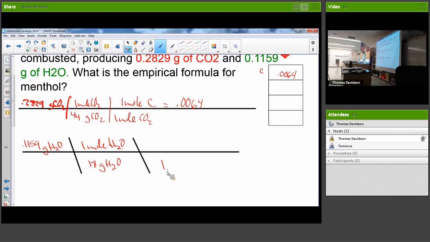For every 1 mole H2O, I have 2 H's from the formula. All right, and then I'm going to put this number down, and what did it turn out to be? 0.0 what? More than one person agree to that value? Okay, I'm going to put that right here.